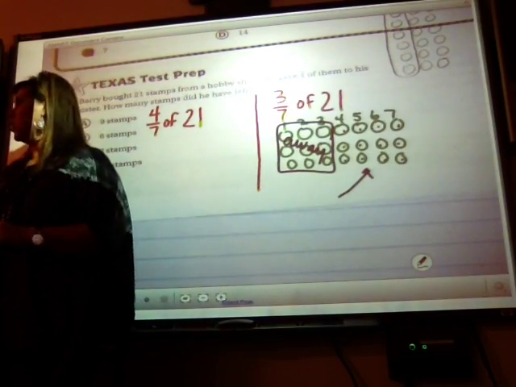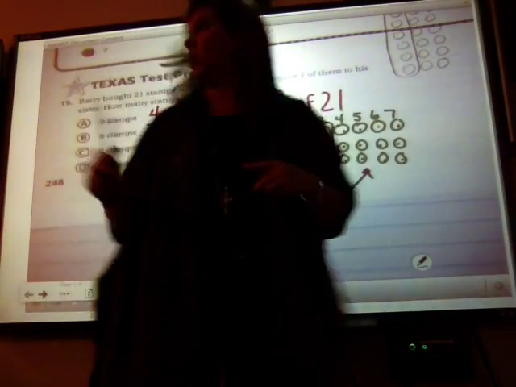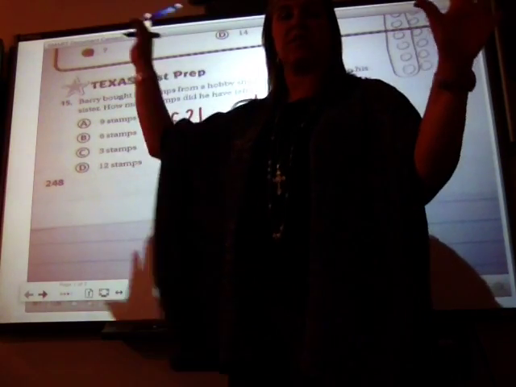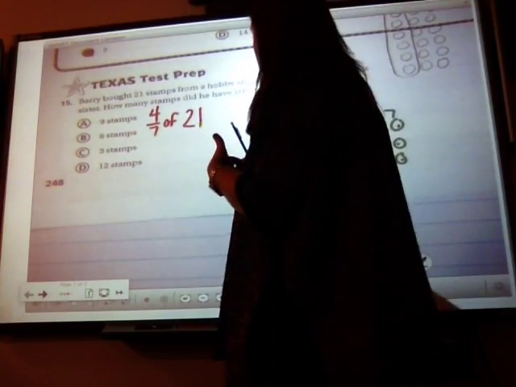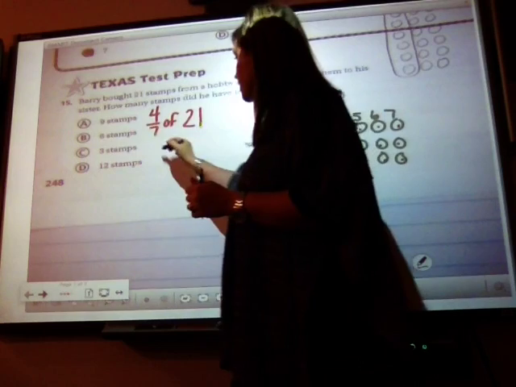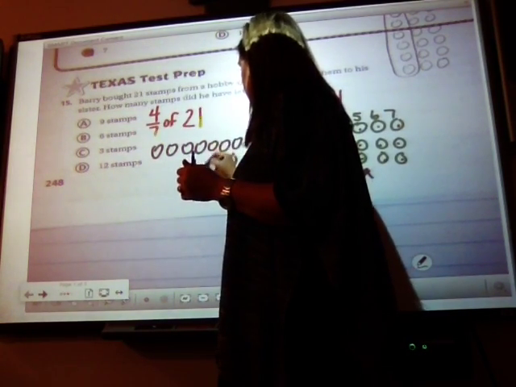So it depends on which way you went to do it. Do you want to do the work at the beginning and go, well, if he gave 3 sevenths away, that means he has 4 sevenths, because 3 sevenths and 4 sevenths is 7 sevenths, which is a whole. So this would be the real answer.